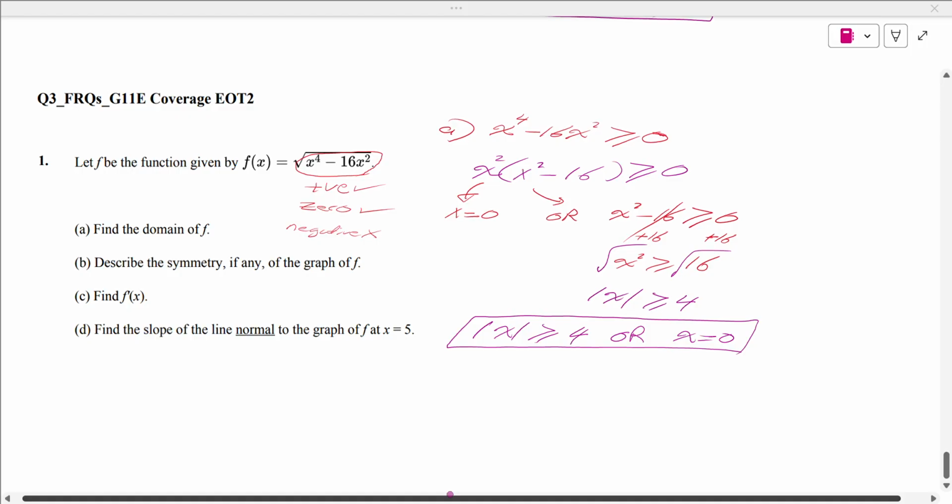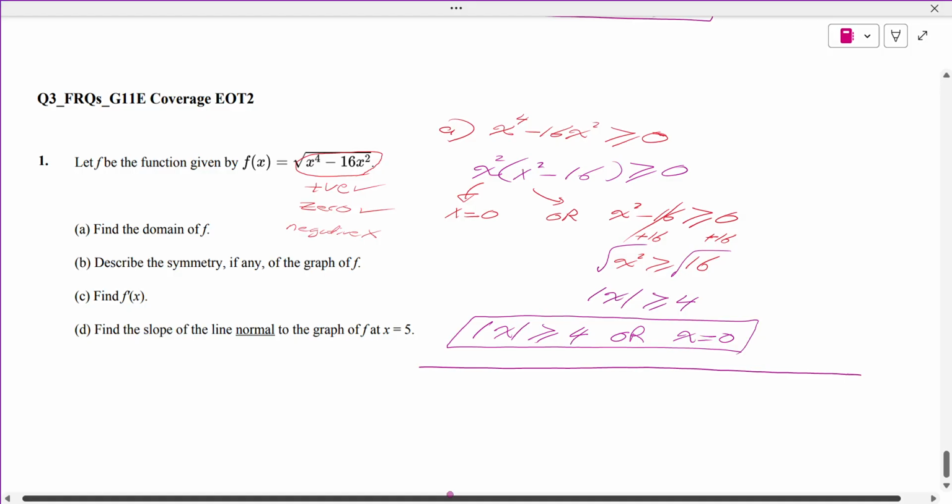If you try with 4, it will be 0 also, it's accepted. Now if you try with values bigger than 4, it will be positive, and the square root of that quantity is accepted. But if we try with other values not in this domain, you will get an undefined for f of x. Okay, so this is the first part, finding the domain.